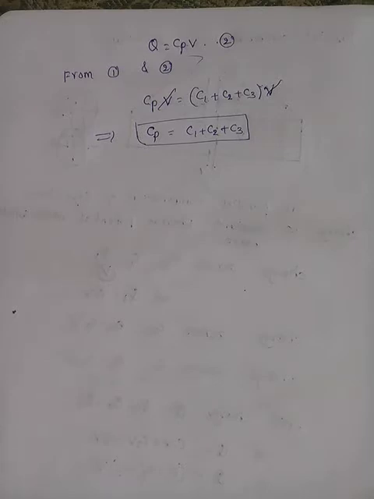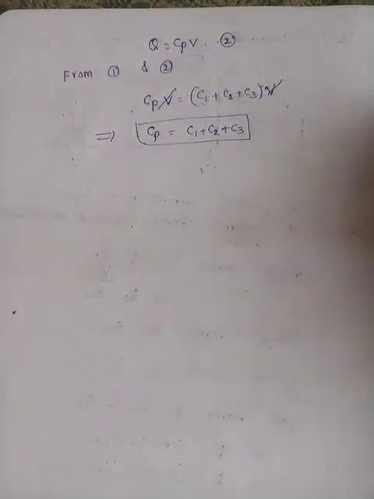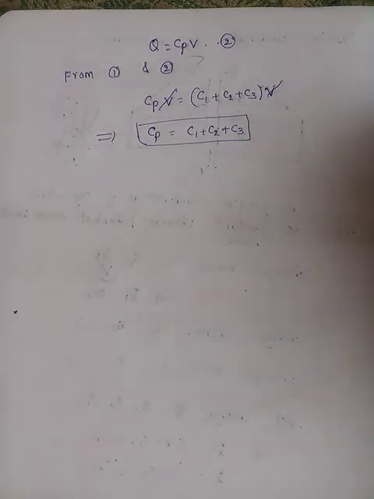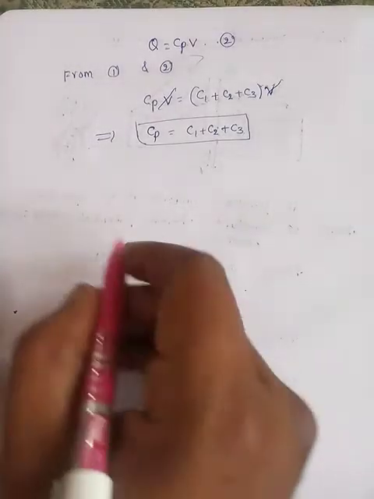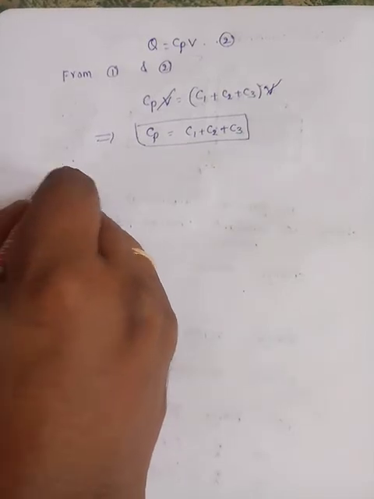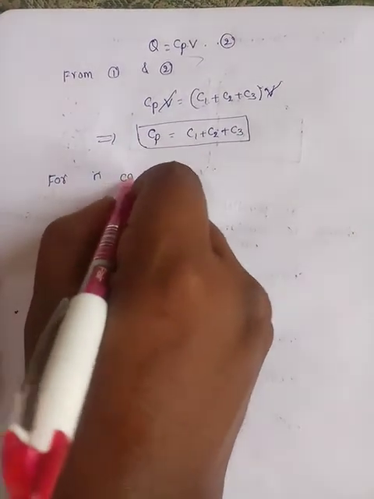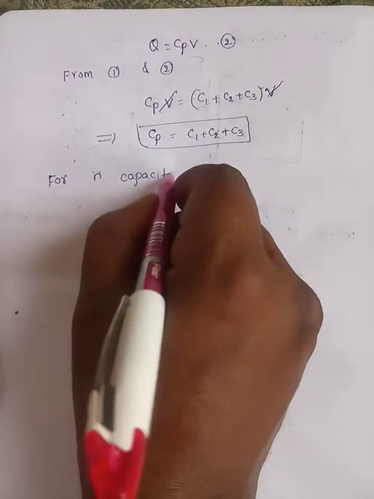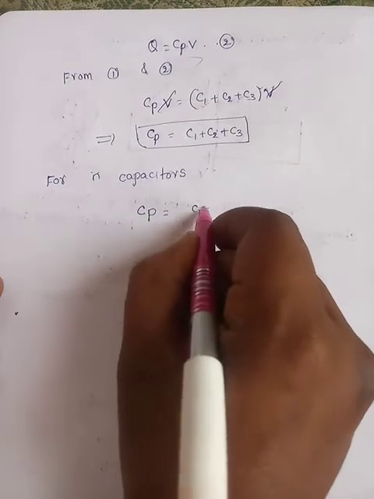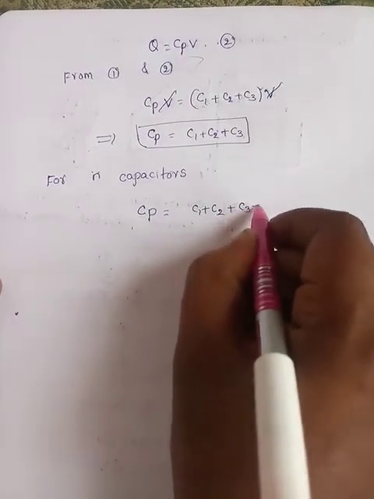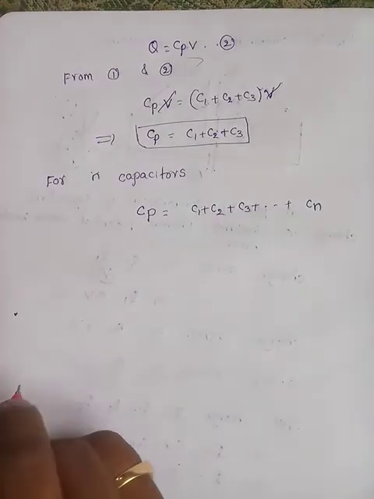So it clearly explains that if you connect capacitors in parallel combination, the effective capacitance is more as compared to the individual capacitors. In series combination, the effective capacitance is less than the individual capacitors, right? So for n capacitors, for example if you connect 4 or 5 capacitors, the formula is Cp is equal to C1 plus C2 plus C3 and so on up to Cn.